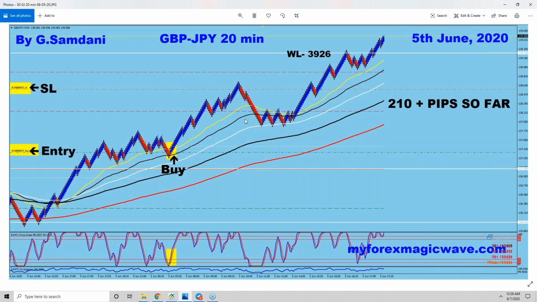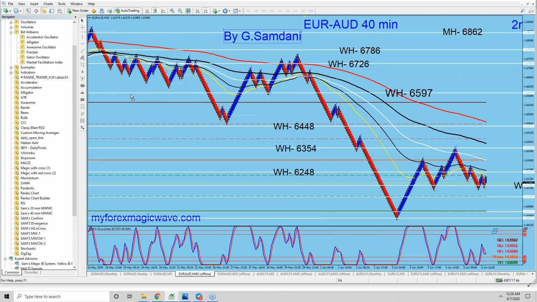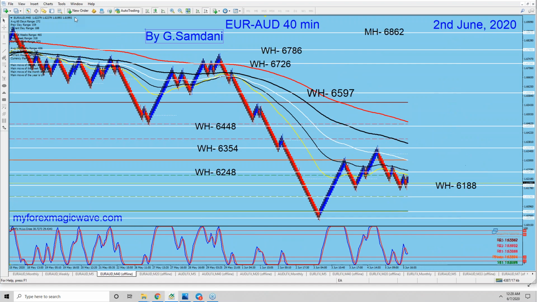But once you learn, for example, let me show you real quick, if this is Euro Aussie, right? How much it moves a day. If you need to know that, there's an indicator. If you apply that indicator, you know that this 60-day average moves on a daily basis 272 pips. The previous day it moved 159, which was Friday, right?